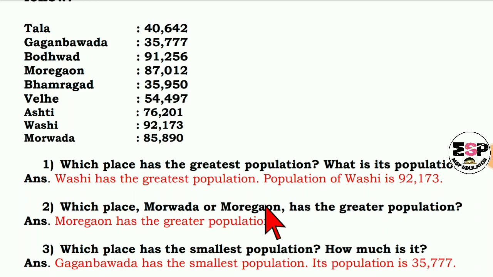You have to compare the population of these 2 places. Okay, so where is Morwada? This is Morwada. Yes, it is 85,890. And Moregaon, here it is Moregaon, 87,012. This is the population of Moregaon. So which one is greater? 87,012 is the greater. That's why Moregaon has the greater population.